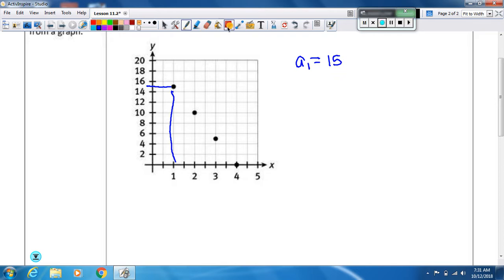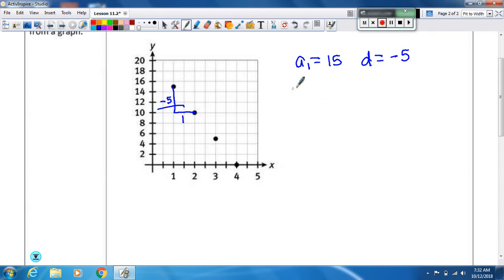I'm going to use this graph to find the slope, or the common difference. So to do that, you're counting by 2's here. So 2, 4, you go down 5, and you go to the right. The bottom is counting by 1/2, so you go to the right 1. So negative 5 divided by 1, common difference is negative 5.